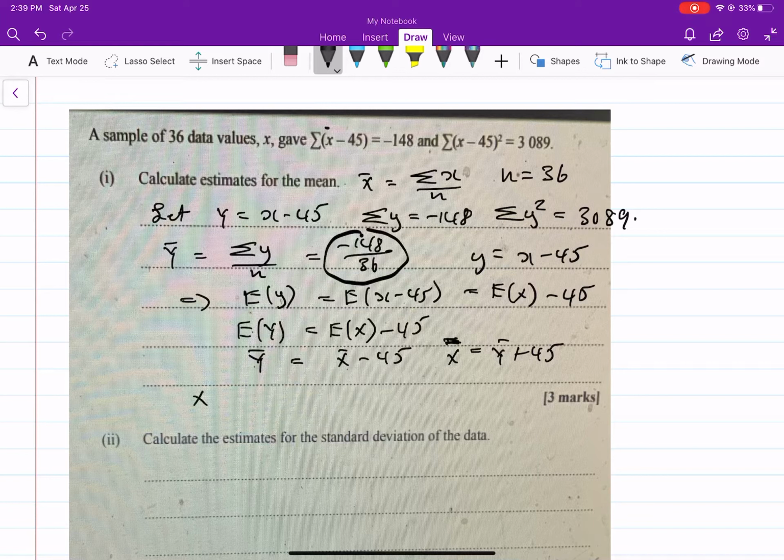Therefore, x bar, the mean of x, is equal to y bar, which is minus 148 upon 36, plus 45, which gives me 40.89.